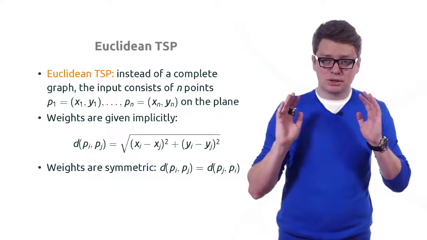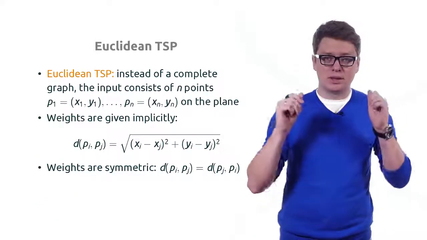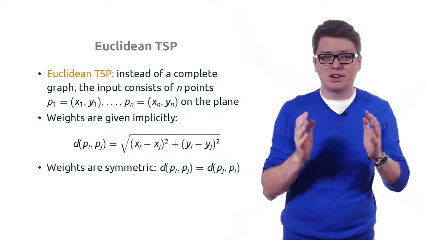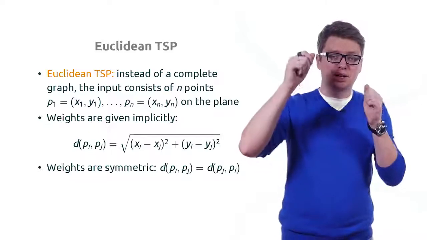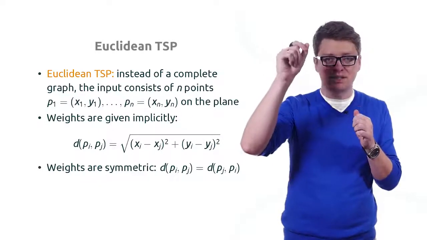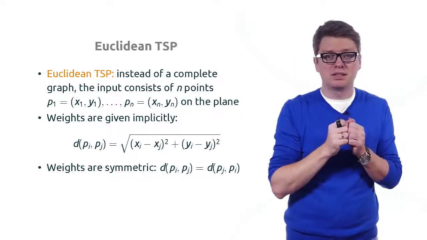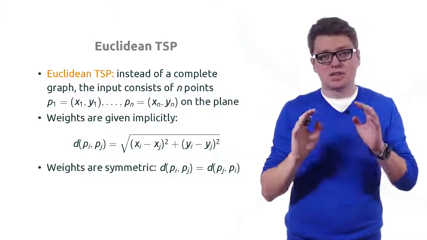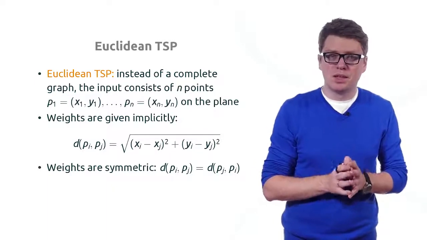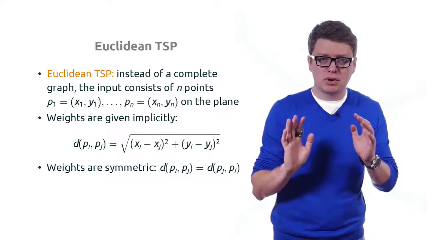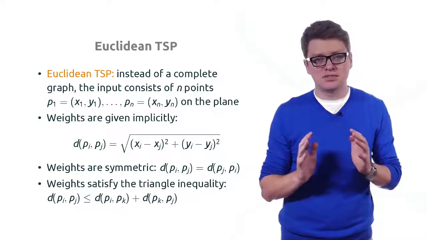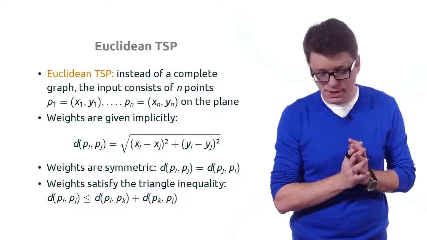Let me also state some properties. When we're given such an instance, we're essentially given an undirected graph, because the distance from Pi to Pj is exactly the same as the distance between Pj and Pi. Put otherwise, the graph in this case is undirected or symmetric. What is also important about this special case is that the weights satisfy the triangle inequality.